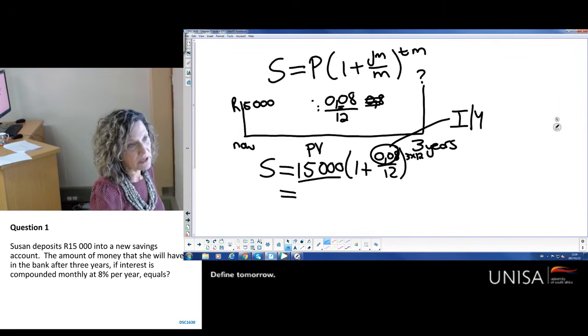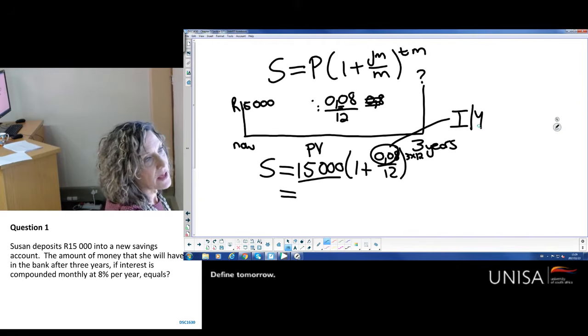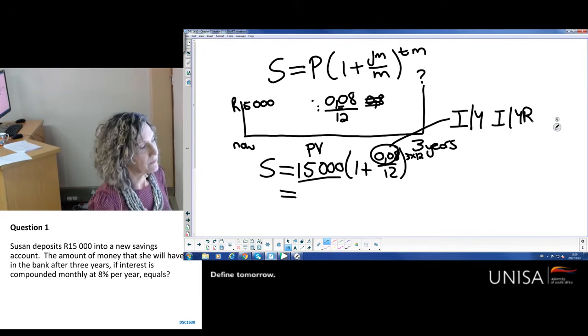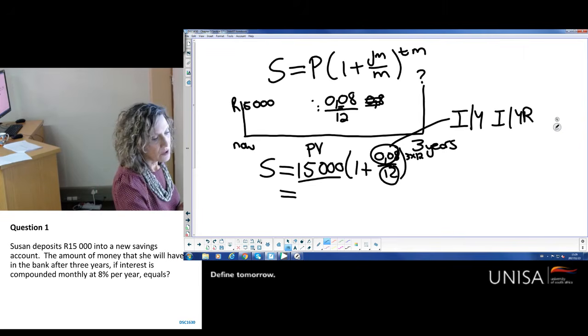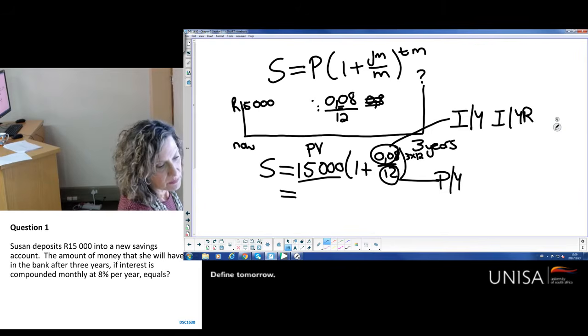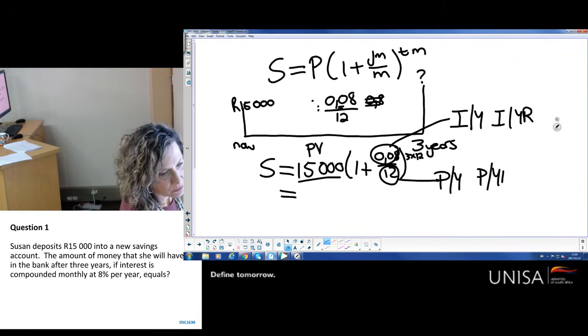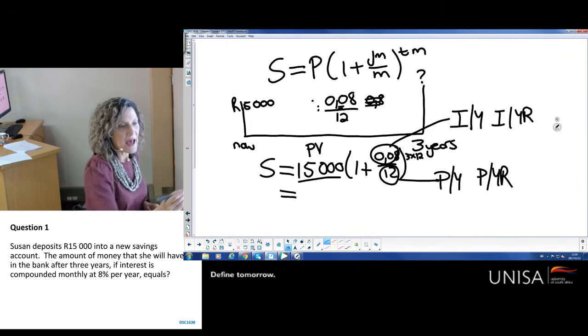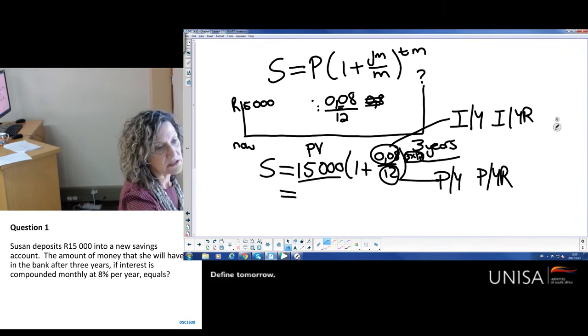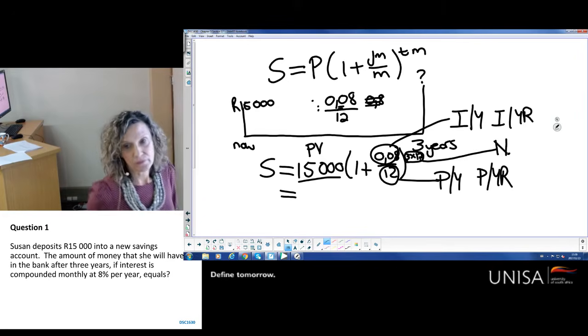Depending on which calculator you're using, it's either that or the one which is the YR at the back. The 12 we call the periods per year, depending again on what calculator you're using. And then the 3 times 12 is our N value.